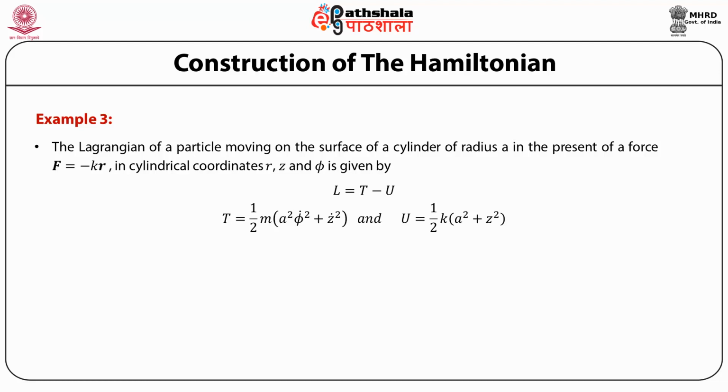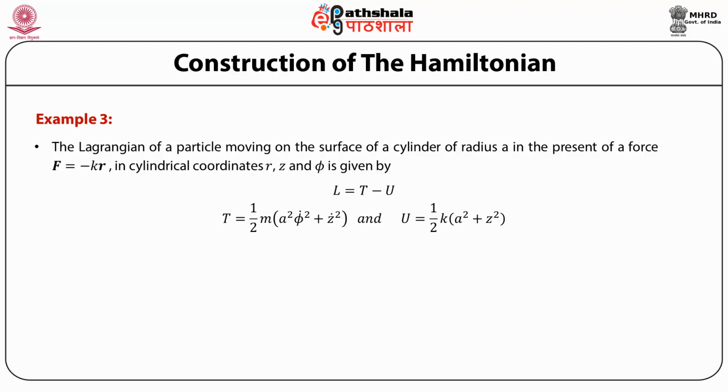So we write down first the Lagrangian of a particle in terms of cylindrical coordinates. The kinetic energy expressed in cylindrical coordinates is half m (a square phi dot square plus z dot square), because the cylinder has a fixed radius a. The particle is moving on the surface of the cylinder, so it has only 2 degrees of freedom, which we express as phi and z.